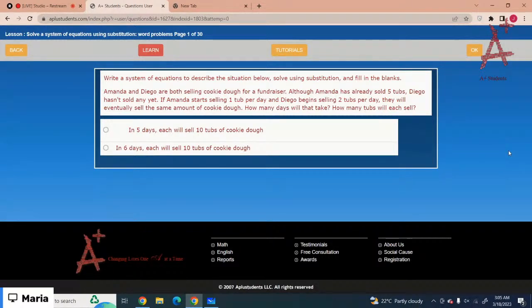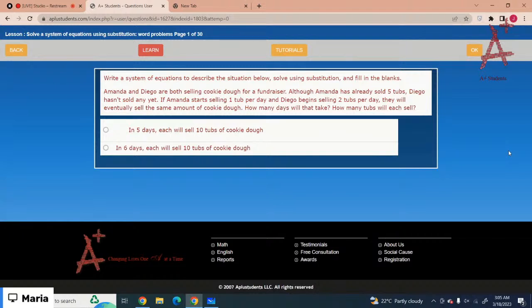If Amanda starts selling 1 tub per day and Dico begins selling 2 tubs per day, they will eventually sell the same amount of cookie dough. So, how many days will that take? How many tubs will each sell?